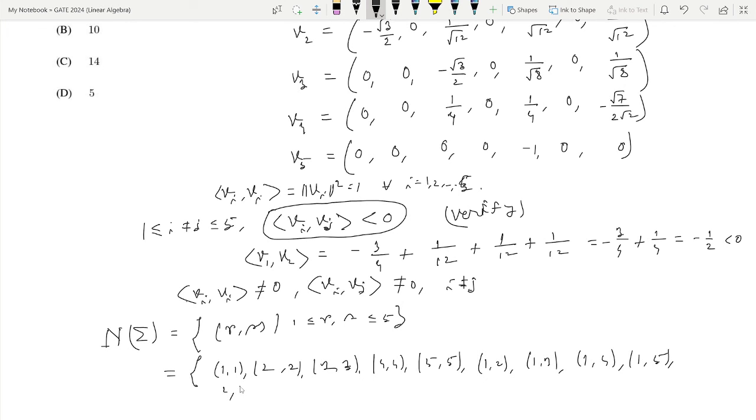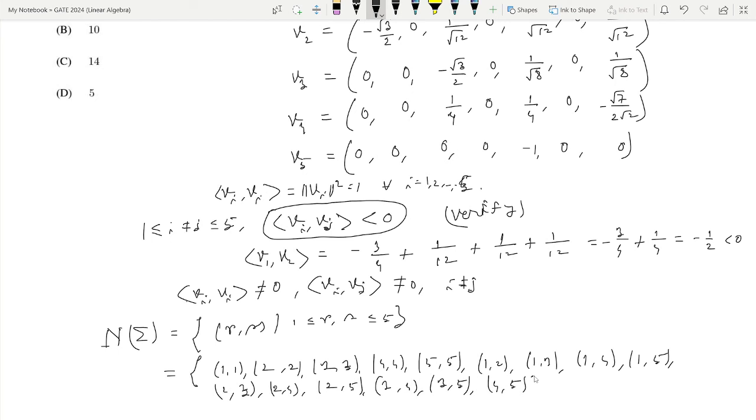Then 2 3, 2 4, 2 5. Then 3 4, 3 5, and last is 4 5.